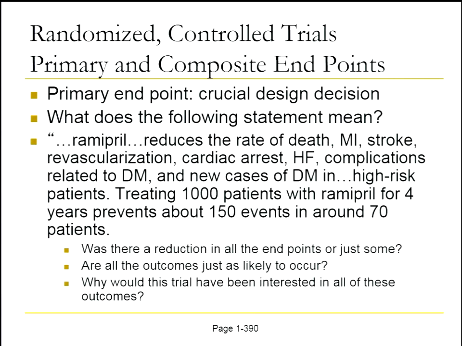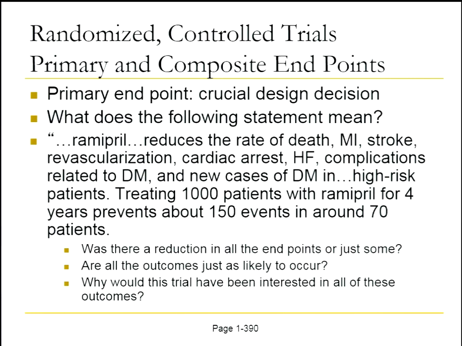Does it mean it reduces mortality? Does it mean it reduces the composite of all these things? Or does it reduce each individual endpoint? And that's what we need to know. The investigators need to be transparent in their reporting, and what we'd like to see is the rate of death reduced in a similar way to MI, to stroke, to revascularization, to cardiac arrest, or is one or two of these endpoints pulling the composite endpoint in one direction?